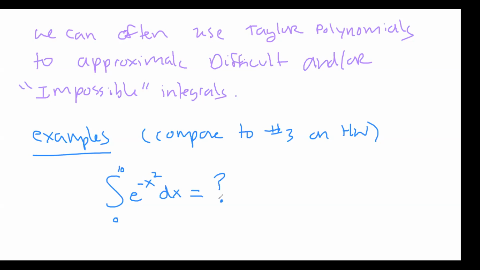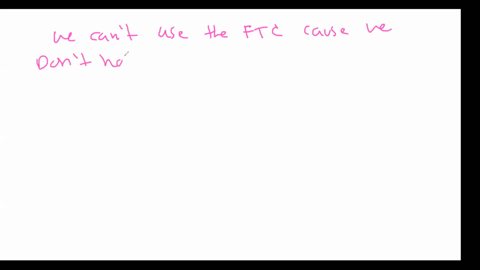Now, we know we can't do this exactly, because we don't know an antiderivative of e to the negative x squared. We've talked about this before. So we can't use the FTC, because we don't have an antiderivative.